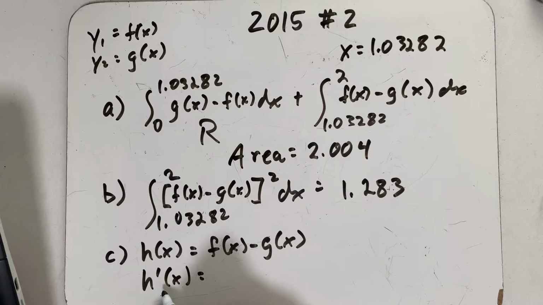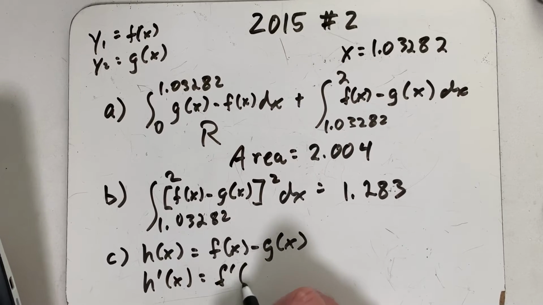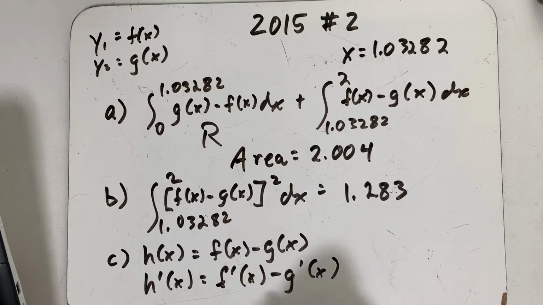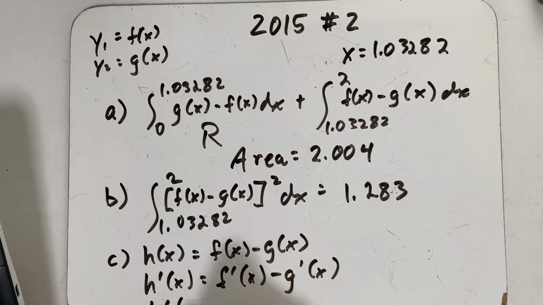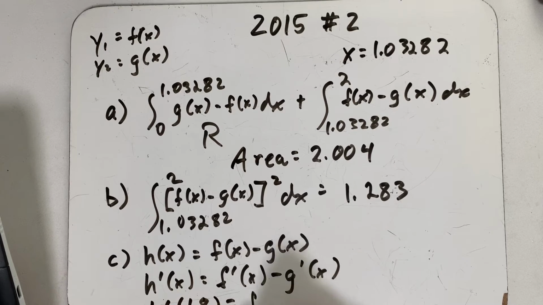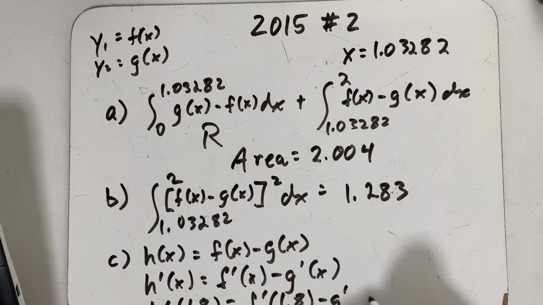So h prime of x is going to be f prime of x minus g prime of x. And I want to know what h prime of 1.8 is going to equal: f prime of 1.8 minus g prime of 1.8.